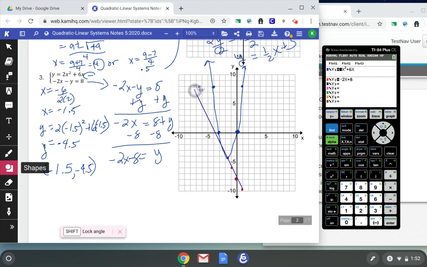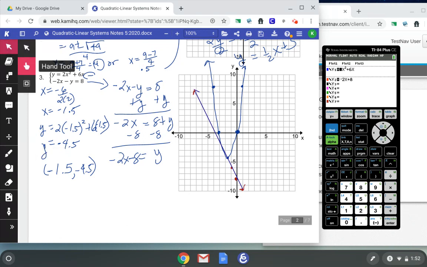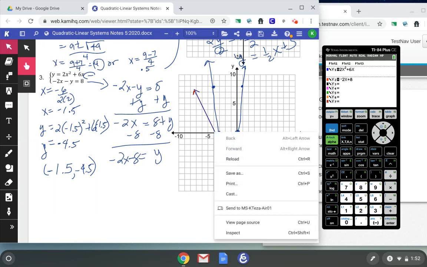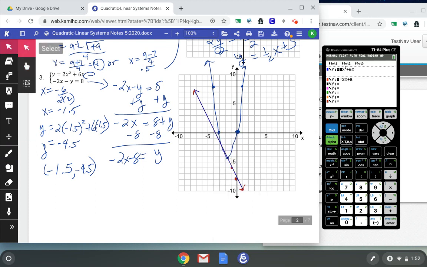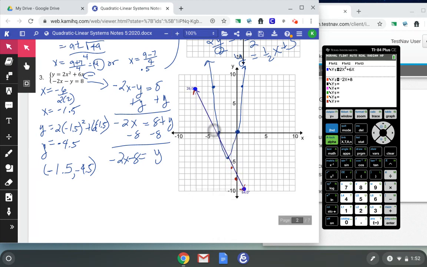All right, put some arrows on it. There we go.